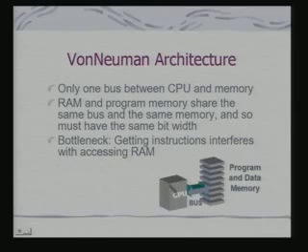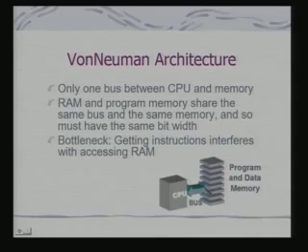I have got a CPU and I have got program and data memory put together and having a single bus connecting the two. I provide the address from the CPU to the memory to fetch an instruction as well as to fetch data, and we use the bus to read the data as well as write the data onto that memory.